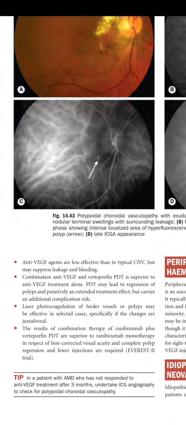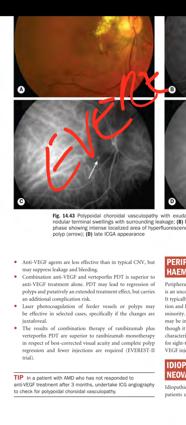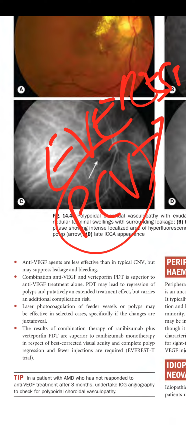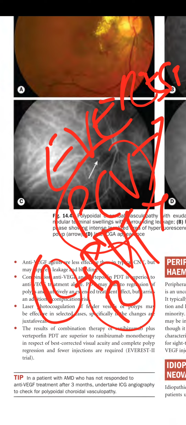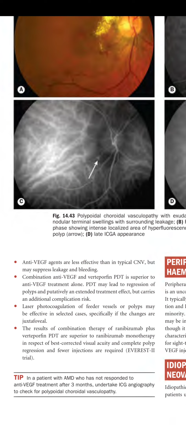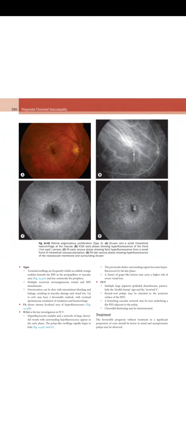EVEREST II trial: this is basically the trial in polypoidal choroidal vasculopathy, which shows that if you combine ranibizumab plus PDT, it is more effective than ranibizumab alone. In a patient with AMD who has not responded to anti-VEGF treatment after 3 months, undertake ICG angiography to check for polypoidal choroidal vasculopathy.